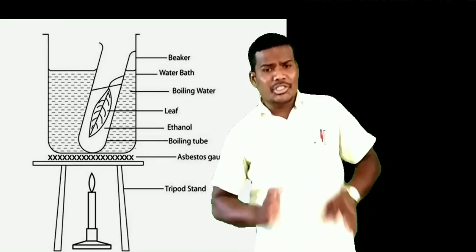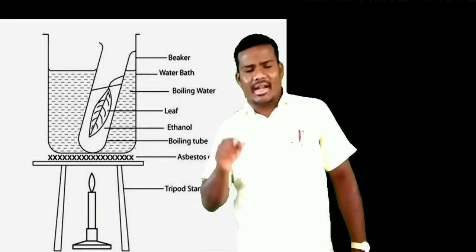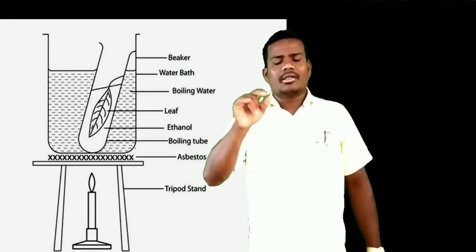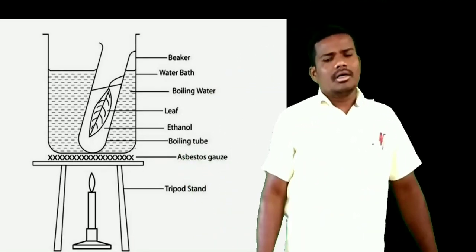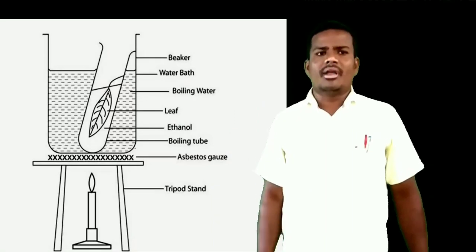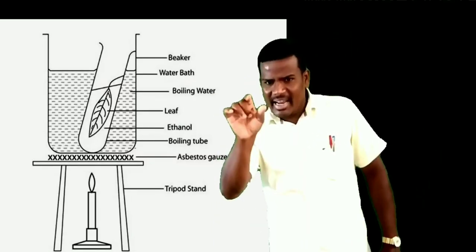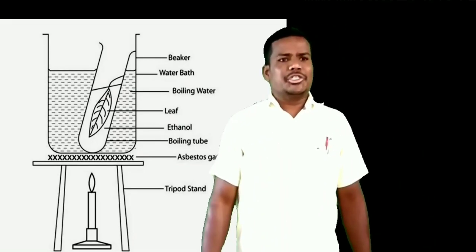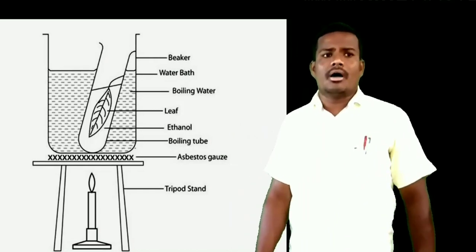Take a test tube which contains methylated spirit solution, and place it in the beaker. Insert a green leaf into that test tube and place it in the beaker with water.